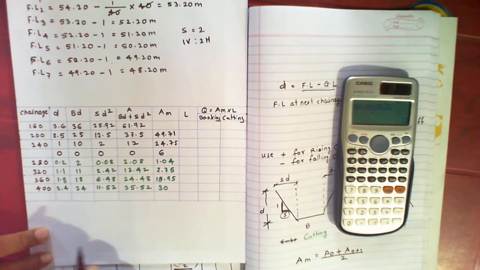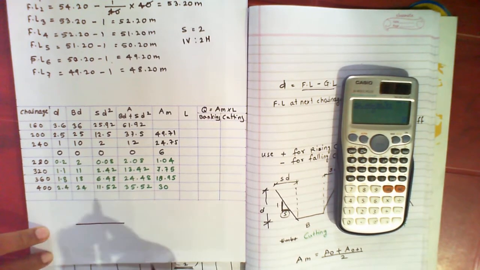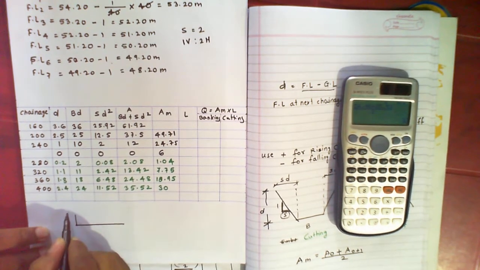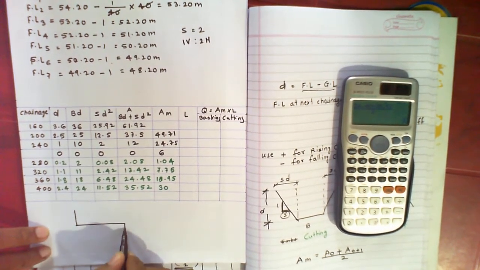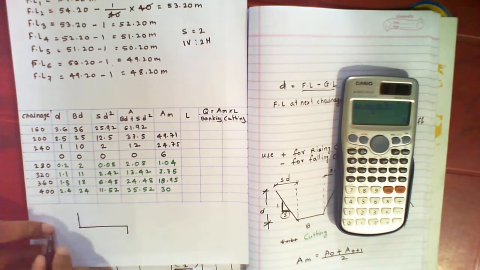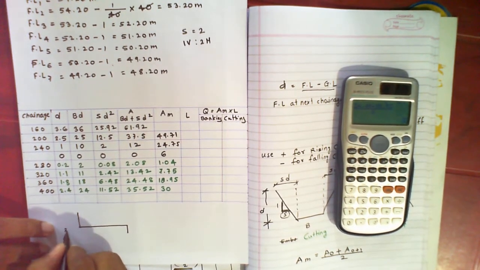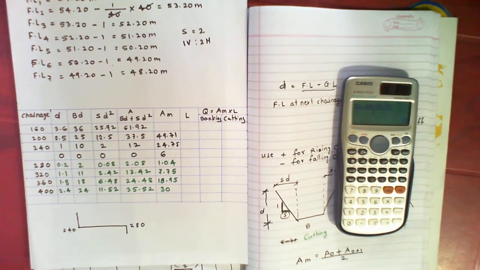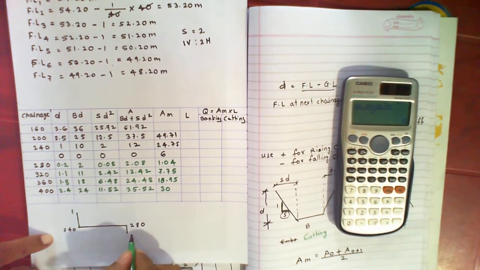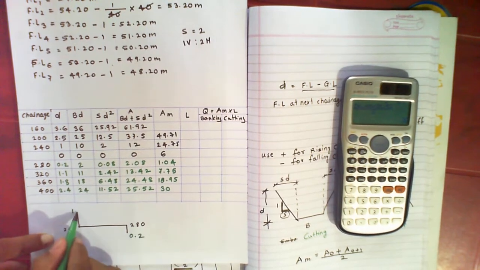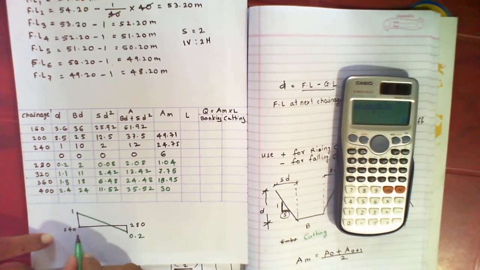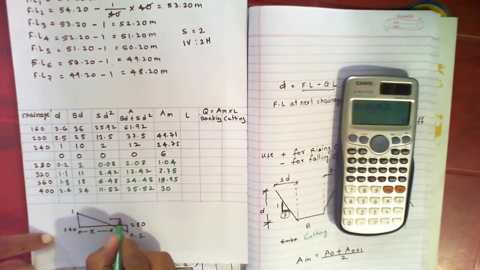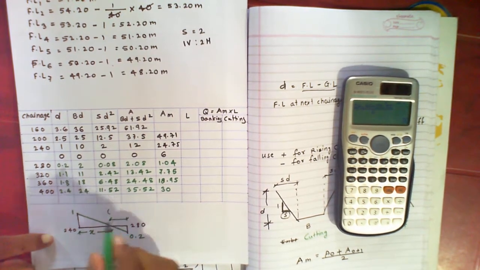So using similar triangle rule, we are taking as a baseline, this height is 1, this height is 0.2. So this chainage is 240 and this chainage is 280. So taking height 1 and 0.2, connecting these 2 points and putting this length as x and this length as total difference.